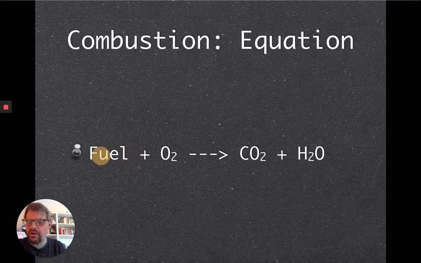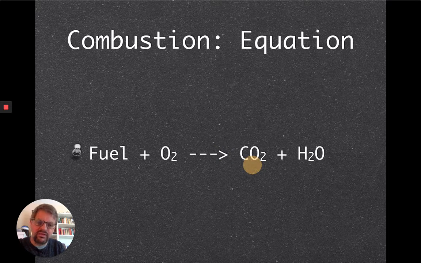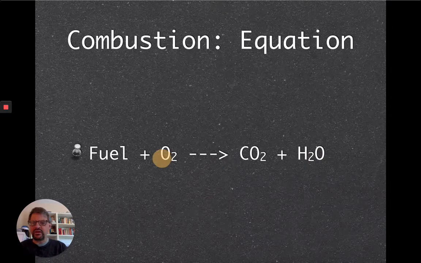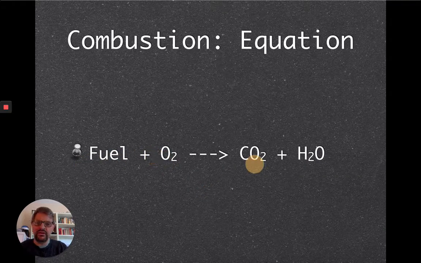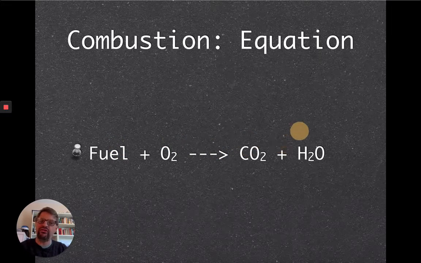The fuel molecule plus oxygen react to form carbon dioxide, CO2, and H2O. These are your reactants. These are your products. And the arrow is the reaction. So any combustion reaction is always going to be written in this form: the molecule of fuel plus O2, arrow, CO2 plus H2O.